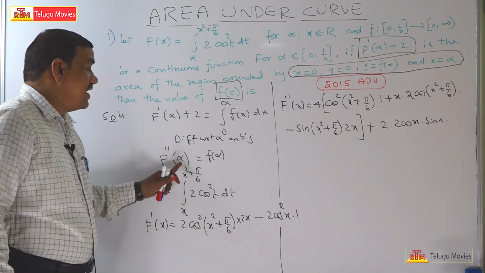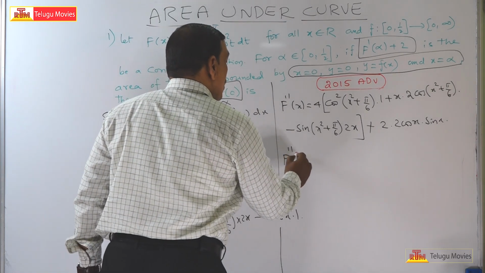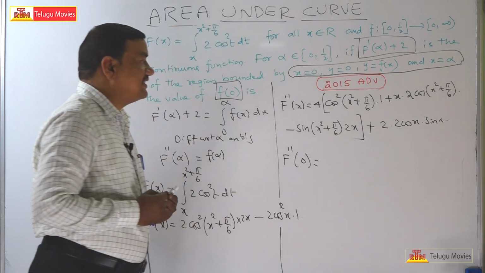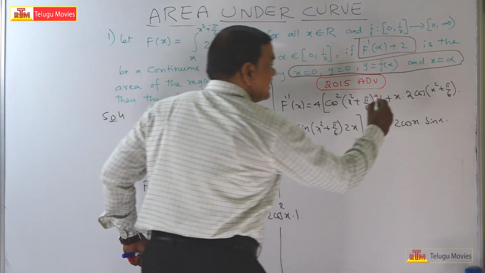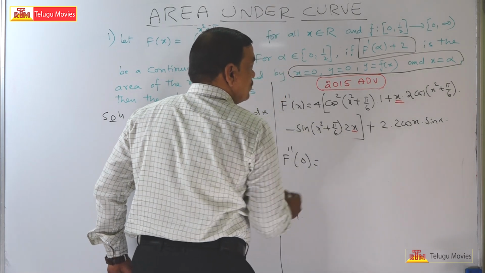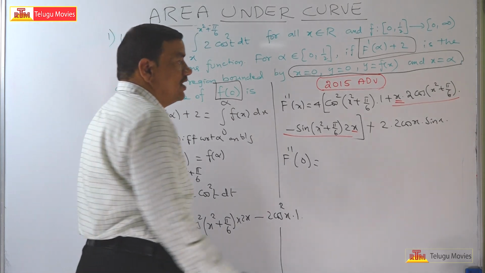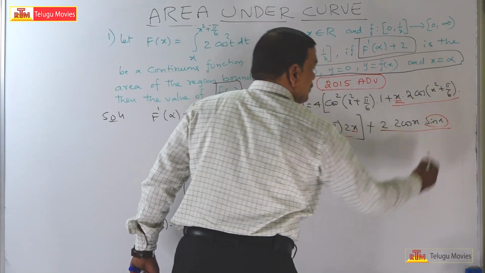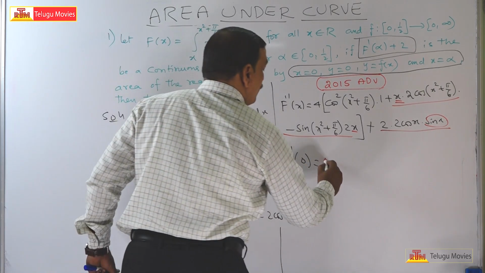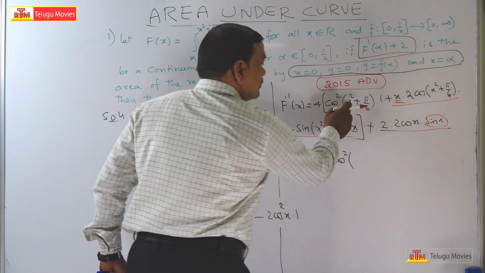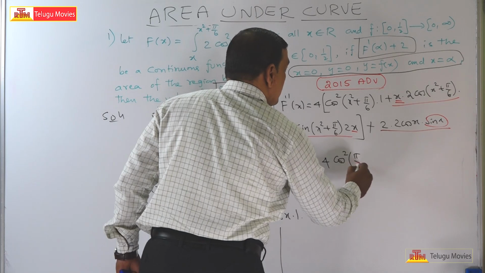We want F double dash of 0, so that f of 0 we will get. So wherever x is there, substitute 0. If you observe here x is equal to 0, here also x is equal to 0, so the second term will become 0. Here sin 0, so this also is 0. Ultimately, what remains for you? That is 4 into cos square of, x square value is 0, that is pi by 6.